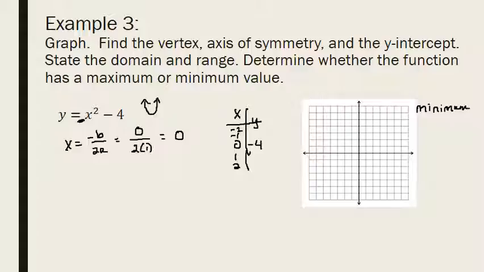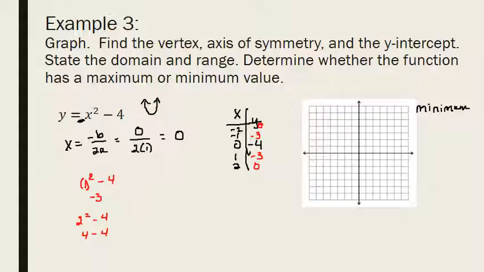Now let's go ahead and plug in 1. 1 squared minus 4. Well, 1 minus 4 gives us negative 3. So I know that this is going to be negative 3, and the negative 1 is going to be negative 3. Now let's plug in 2. 2 squared minus 4. That gives me 4 minus 4, and that is 0.